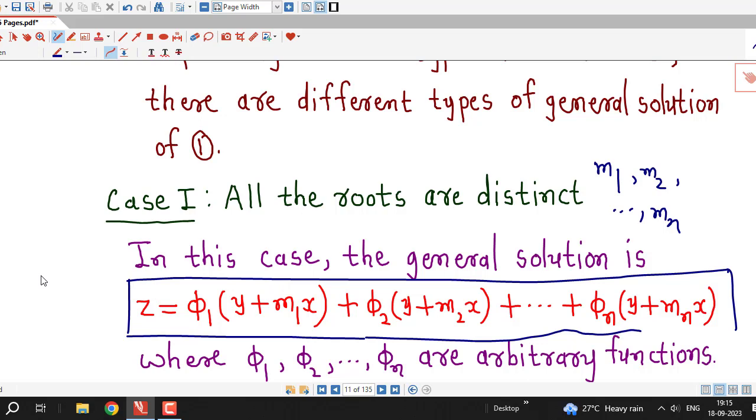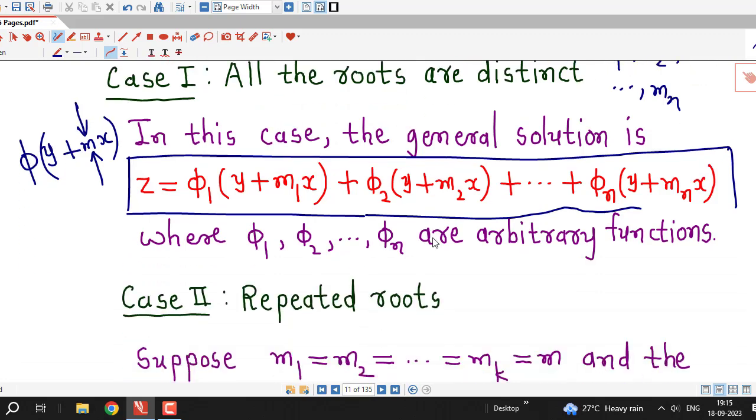All we have to remember is that we are considering the addition of arbitrary functions of y plus mx, and here the values of m are n, so we are writing n arbitrary functions by considering m equal to m1, m2 up to mn, and this is the formula for the general solution in the case of distinct roots.